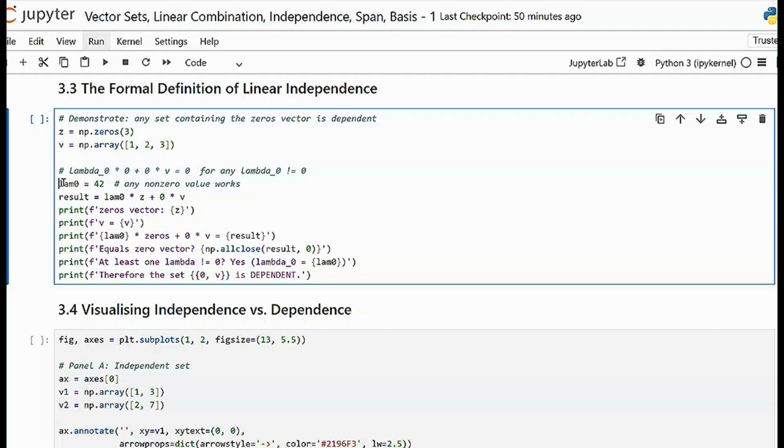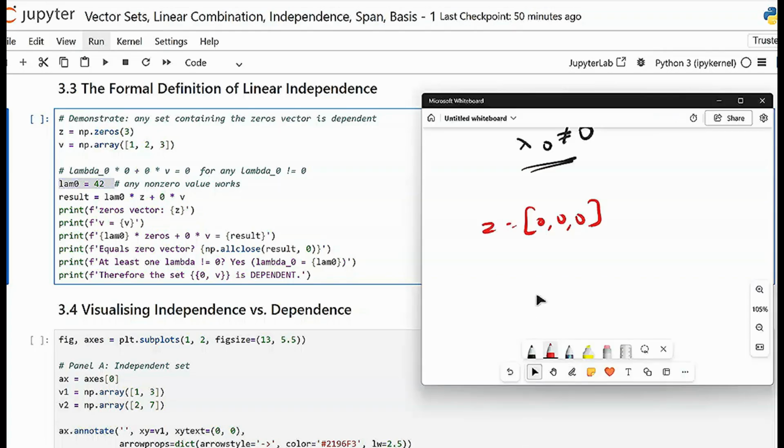Now let me choose a non-zero scalar, lambda 0 equal to 42. What happens to the result? Kindly observe, this computes the linear combination: lambda 0 into Z plus 0 into V, that is 42 into 0 plus 0 into V, which is equal to 0.